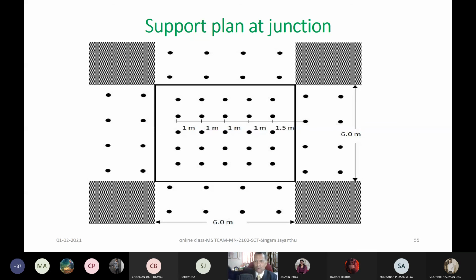So when the load is already acting on this, and when you remove this much load-bearing element, then that load will be transferred onto the abutments. That is your front abutment, side abutment. This load is transferred, so additional supports are required for that. That may be even 50 tons, 100 tons per meter square.